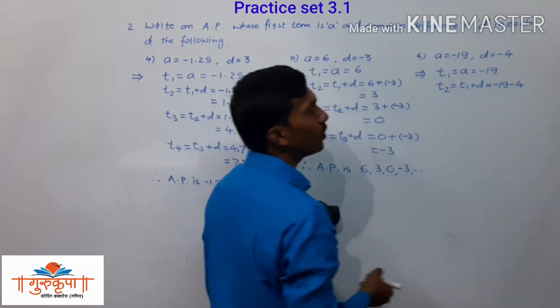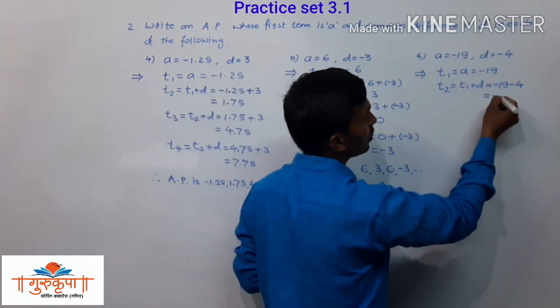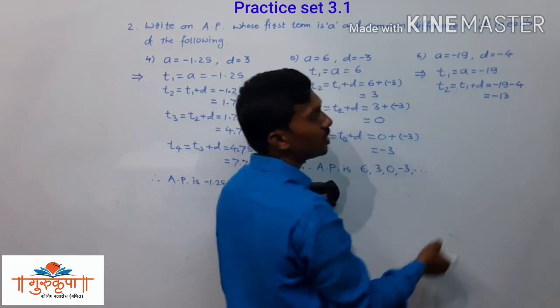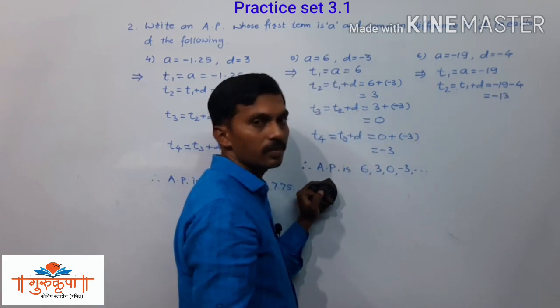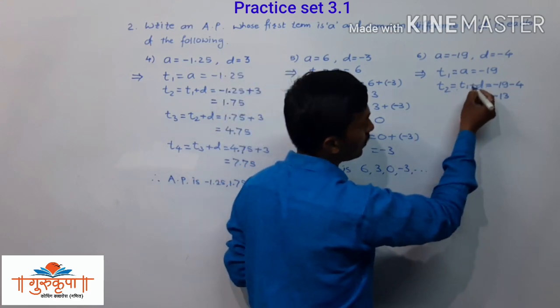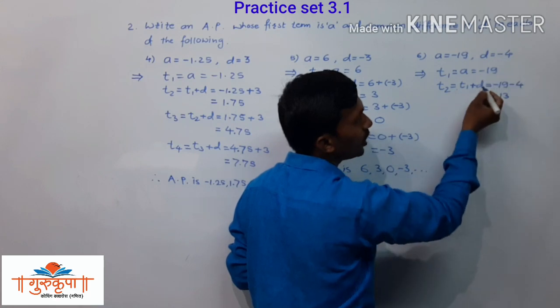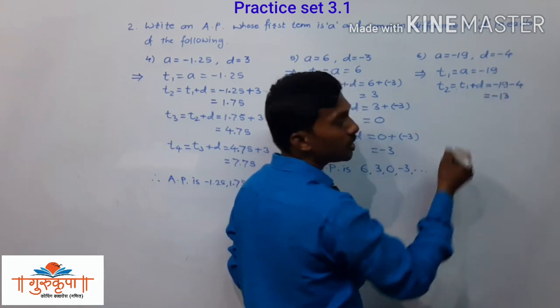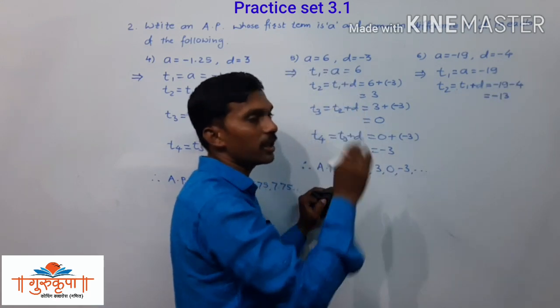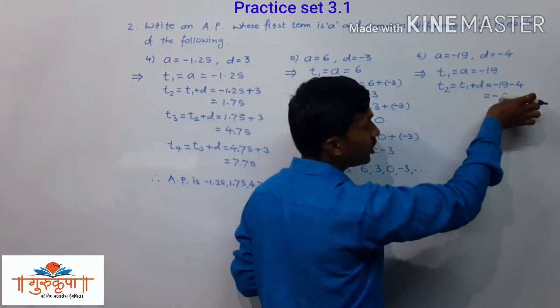This is minus 19 minus 4. Actually we have plus sign here, but plus into minus, this plus sign and the value of D is minus 4, plus into minus is minus. Since we directly write minus 4 there, we have minus 23.